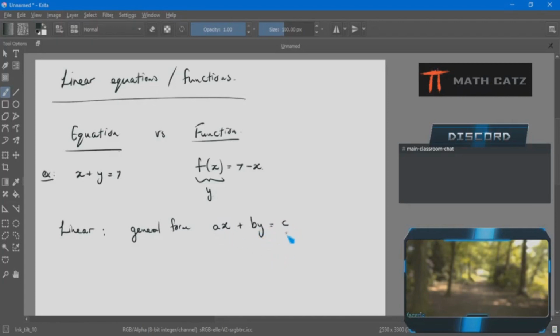So I have a, b, and c as specific numbers. x and y are the variables in question. a, b, and c are the constants. We call this specific kind of equation a linear equation.